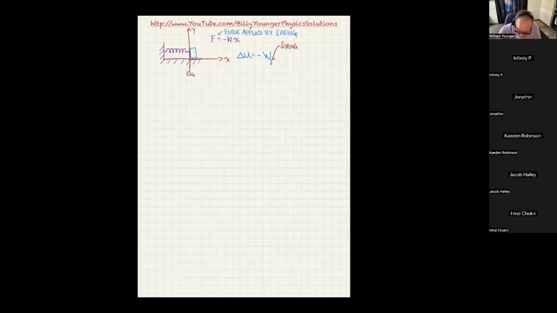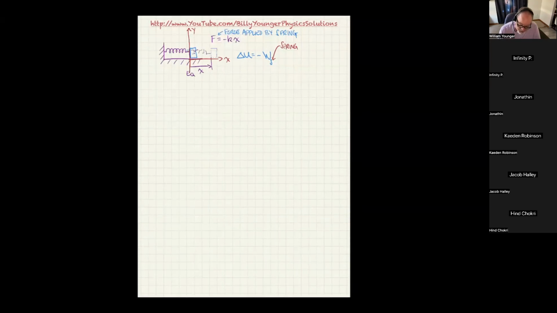So what I'm going to do is imagine stretching this spring out a distance x right there, so that I'll get something like that.